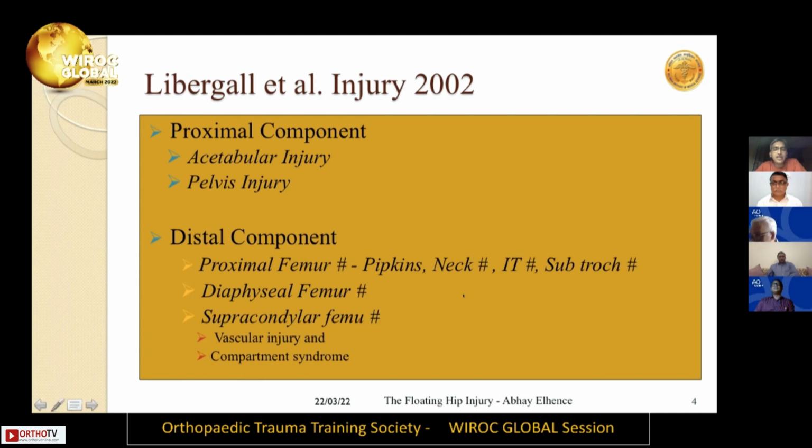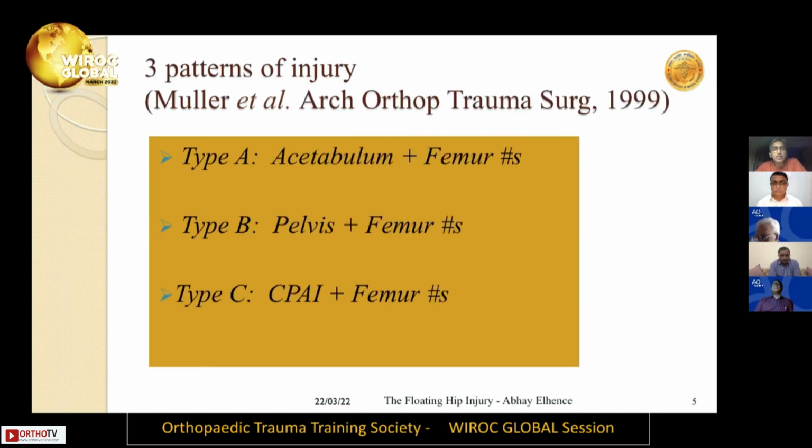And these fractures are sinister for the simple reason that they are very frequently associated with vascular injuries and compartment syndromes. So the three patterns that we see, and if you want to classify them as to how we think about these fractures, there are type A, type B, and type C. Type A are basically acetabulum fractures associated with ipsilateral femur fractures.